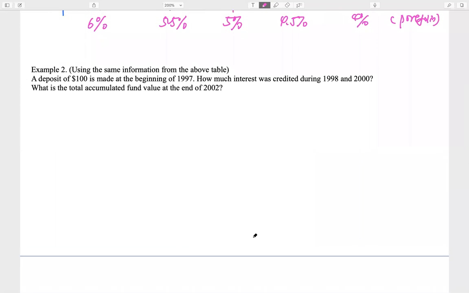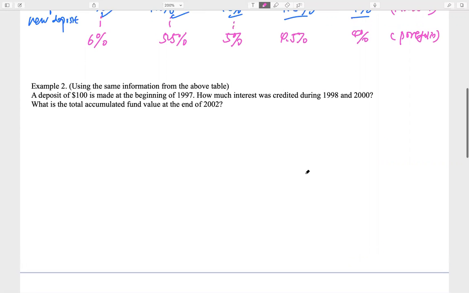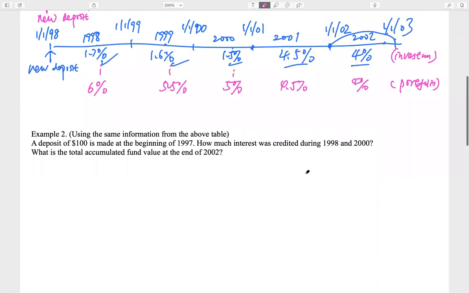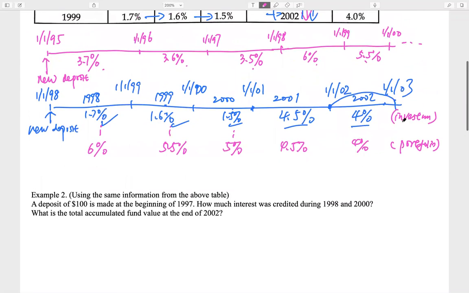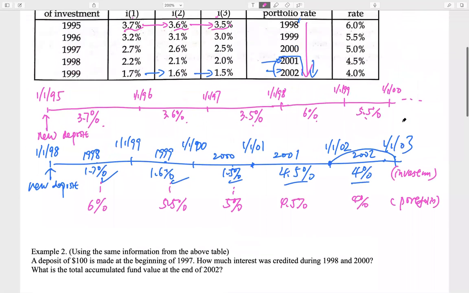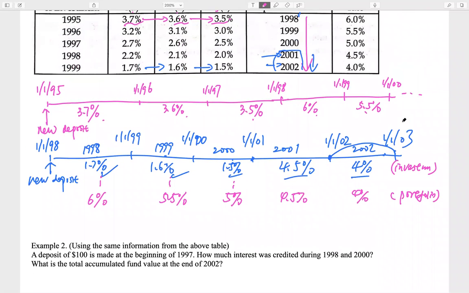In example 2, a deposit of $100 is made at the beginning of 1997. How much interest was credited during the year of 1998 and 2000? So we need to figure out the interest rate. At the beginning of 1996, which means it's here.